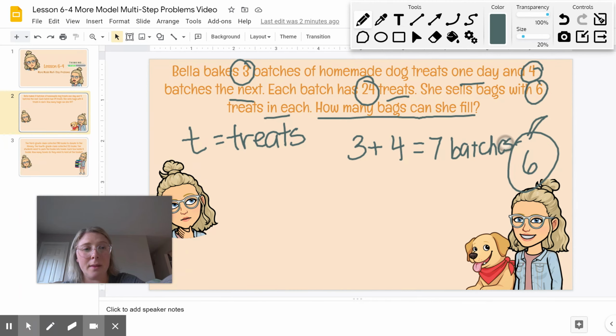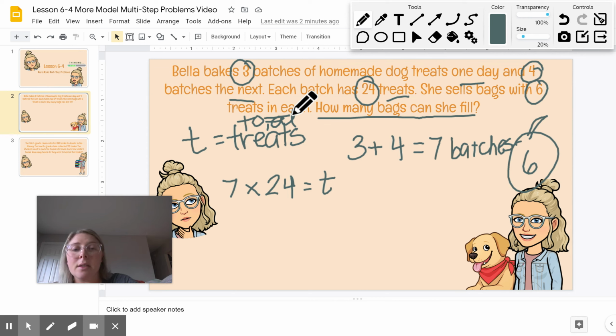And in each batch is 24 treats. So what we could do is 7 batches times the 24 treats in each batch will get me my T, total treats. Okay, so we have to figure that out first.